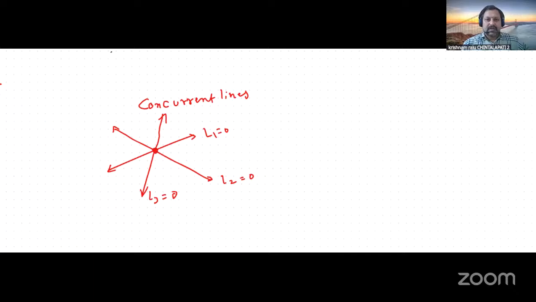Clear? Three or more lines passing through the same point are called concurrent lines, and this point is called the concurrent point.